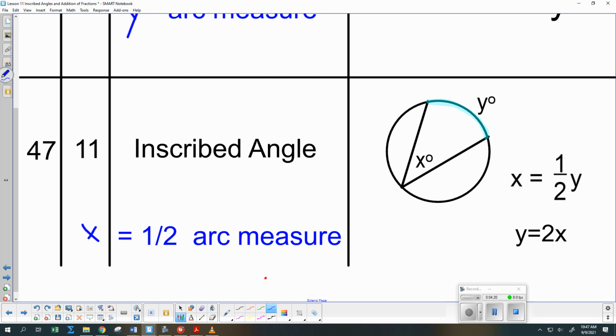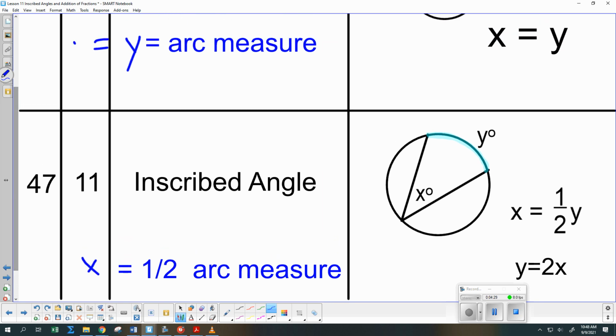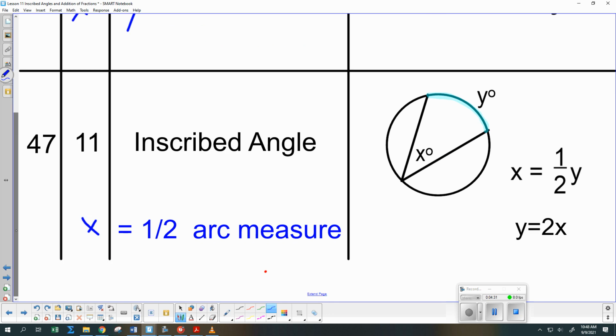Or sometimes we want to say that the arc is 2 times the angle. Just multiply both sides by 2. We're close to everybody having that down. Next thing we're going to do is we're going to try practicing using what we just learned. See if we can find how big angles are or how big the arcs are in some pictures.